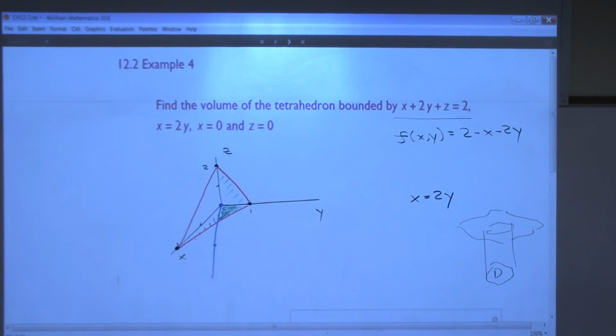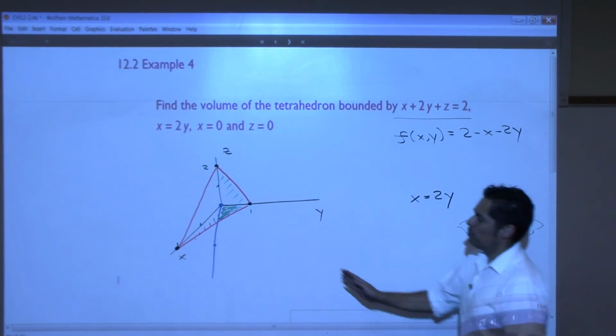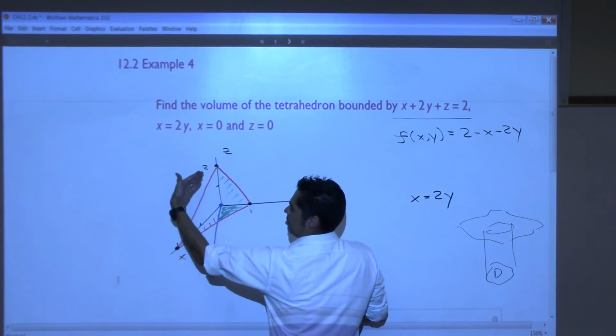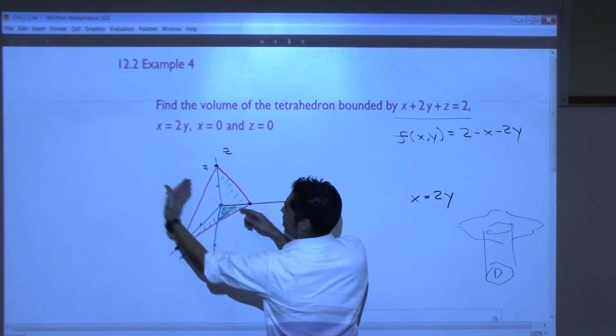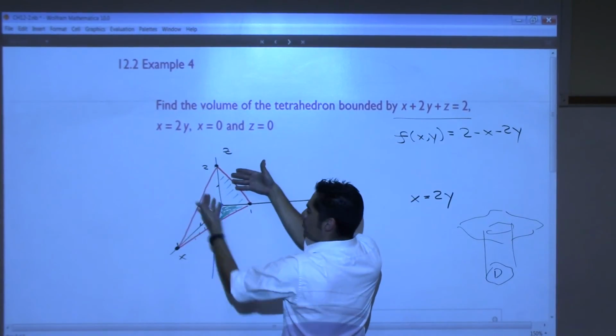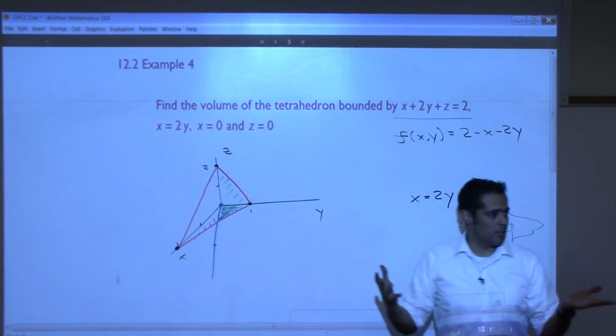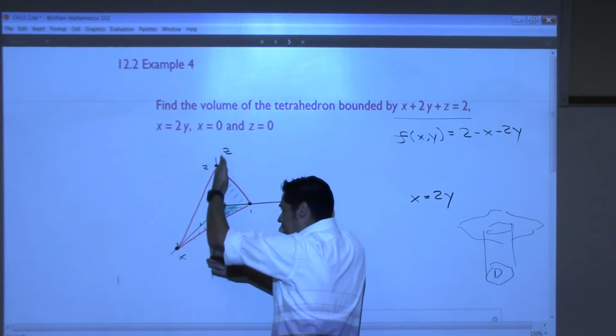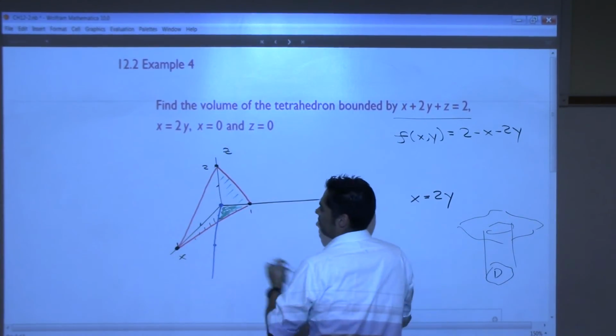It's difficult to see this because I'm trying to draw 3 dimensions on a 2-dimensional sheet. Look, if this blue wasn't here, we would have a tetrahedron that would have this plane, the XZ plane, as a wall, the back would be a wall, and the floor would be a wall, and that would be a tetrahedron, right? But there's one additional thing. We're slicing right through, and we're cutting through.